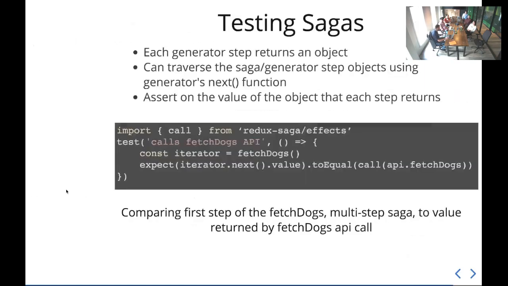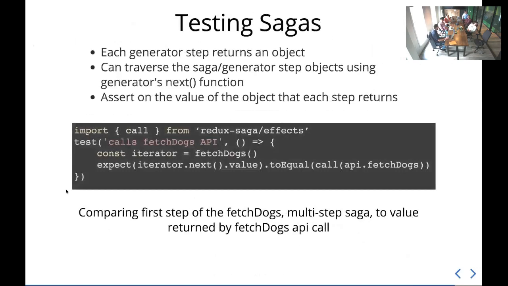So, testing sagas. Because of the generator feature of them, at every step of the iterator you actually return an object. So you can use the built-in functions of iterators, where you have .next, to pause the saga at each step, basically at each yield statement. At that point, you get a return of the object it's handling at that step, and you can compare it to some output.